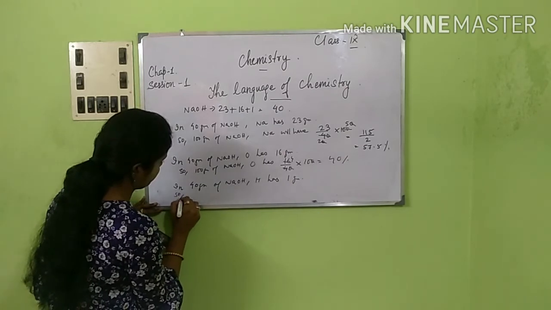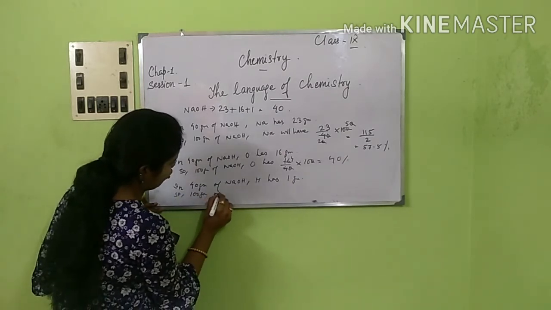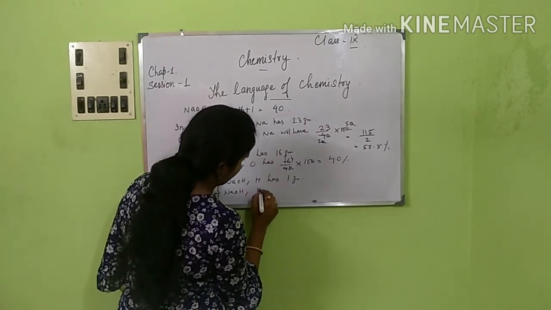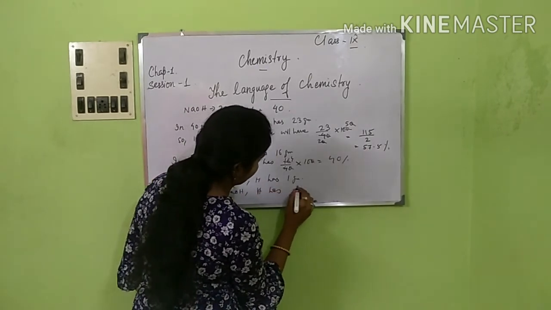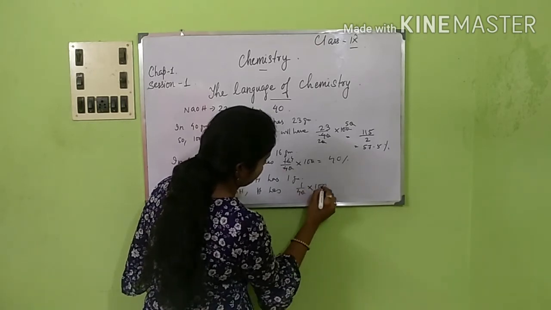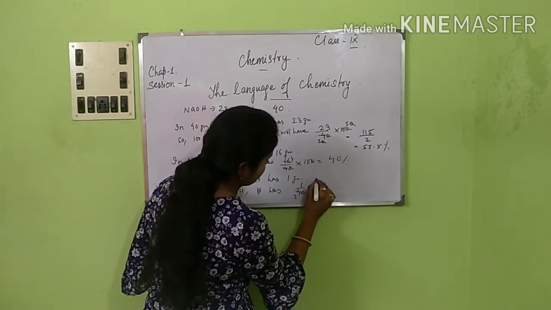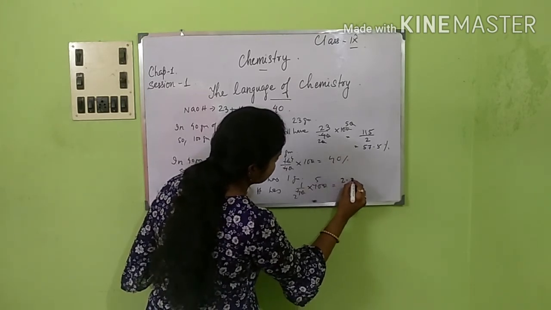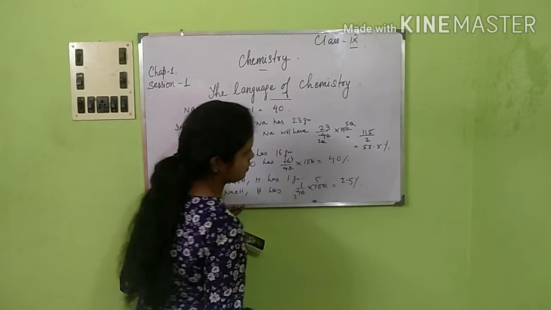So in 100 gram of NaOH, hydrogen has 1 by 40 into 100. So this is cutting, 2 5s are 10, so 5 by 2 is your 2.5%.